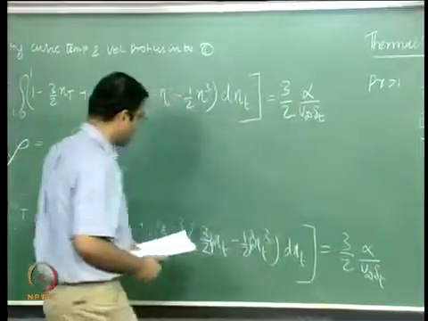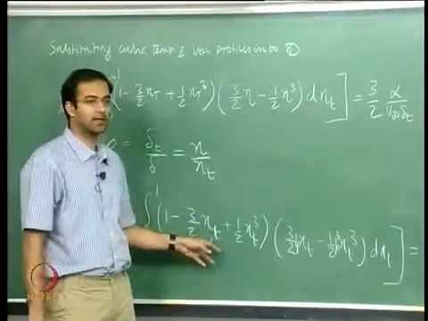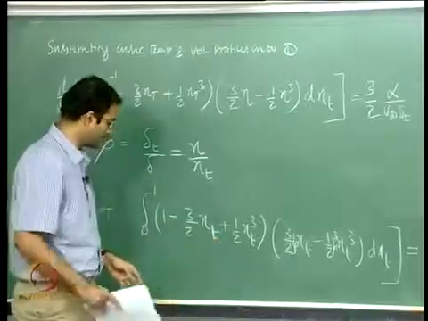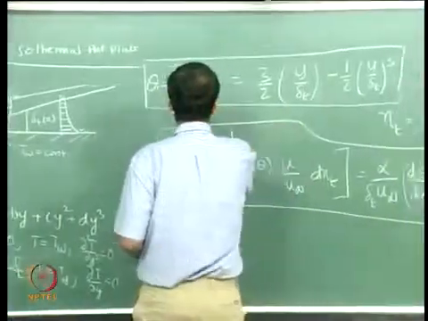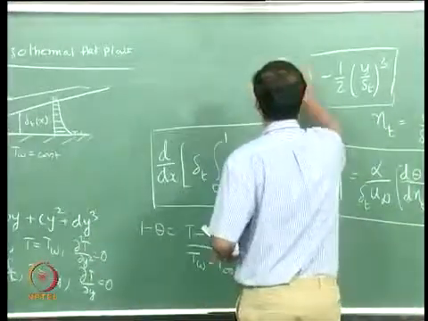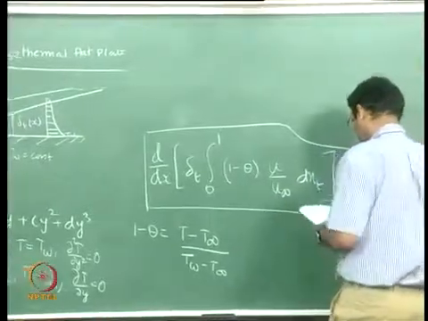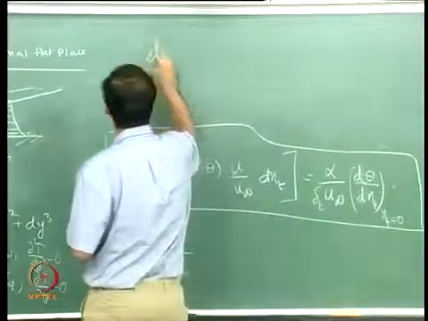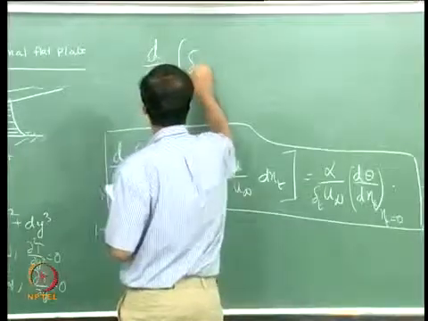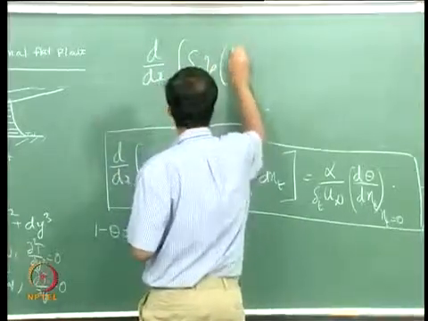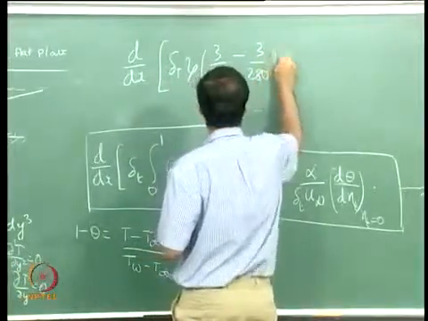So now you can integrate it from 0 to 1 with respect to eta t. I am not going to do it step by step, but this should come out to be d by dx of delta t, and if you take zeta common, this should become 3 by 20 minus 3 by 280 zeta square.